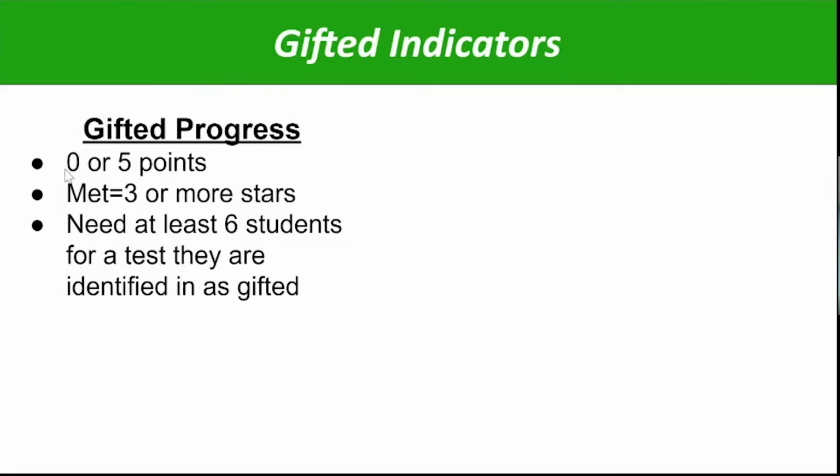But for most of us, we're going to either get a 0 on this or 5 points on this, depending on whether we met 3 stars or higher. So that is the criteria. As you look at progress, 3 stars or higher gets you the 5 points needed for this.